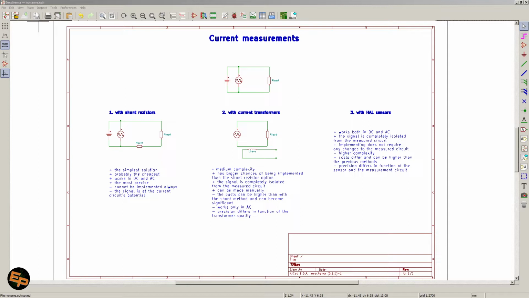I'm not talking about those kinds of current measurements. I'm talking about when we have a circuit that needs to measure the current that another circuit or another device is consuming. Okay, how can we measure some current depending on, well, the specific context in which we find ourselves?